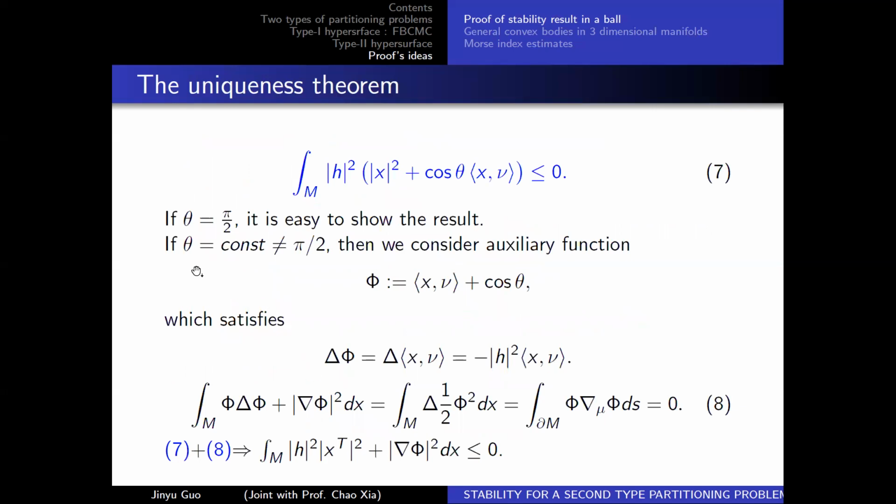If theta is constant and not a right angle, then we consider the following auxiliary function phi defined in this way. Here x is the position vector field, and nu and mu are the outward unit normal vector fields of M. And phi satisfies Laplace phi equals this function, and we can take integration by parts of the Laplacian of phi squared.